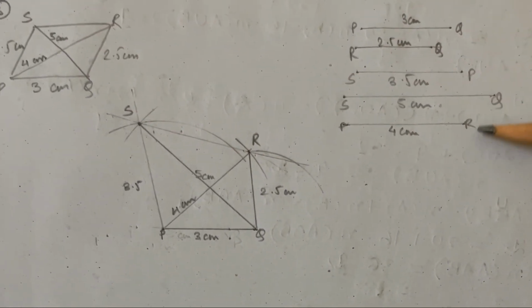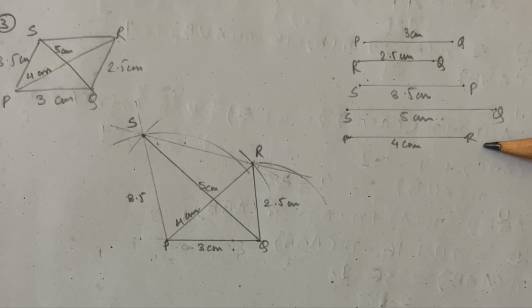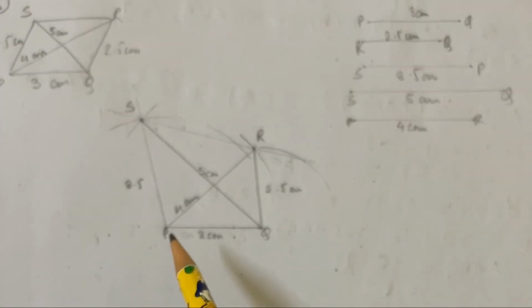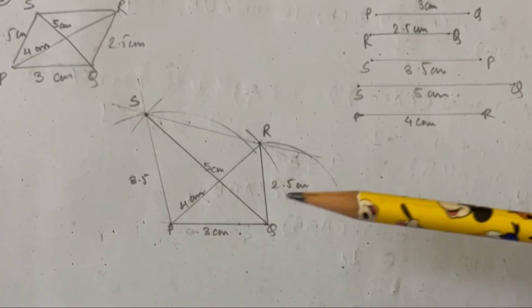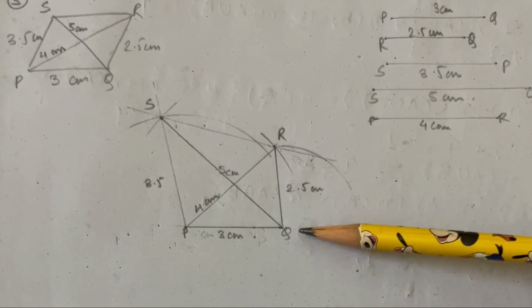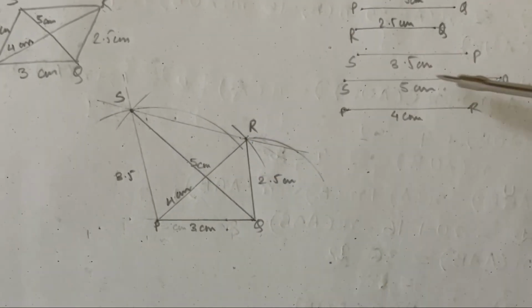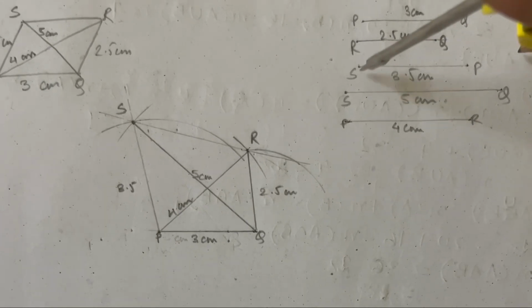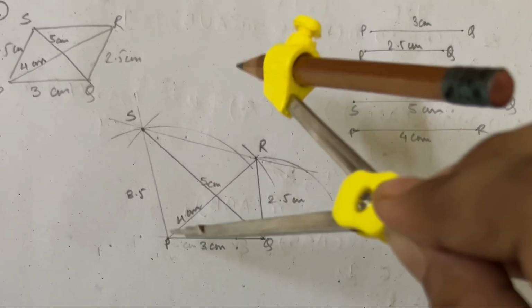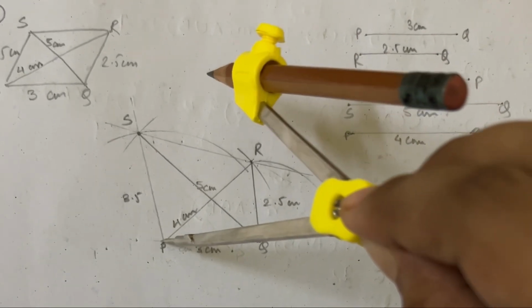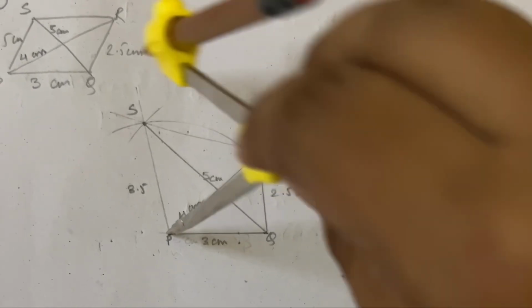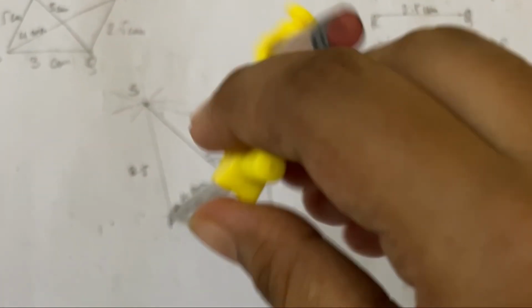I have already drawn what the requirements are. First we take base PQ as 3 centimeter. Now PS is 3.5. So we measure 3.5 with the compass and draw an arc putting the needle at P.